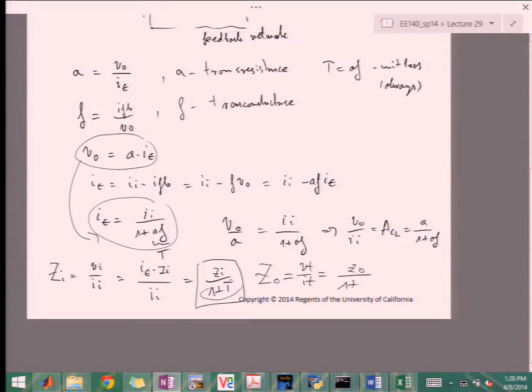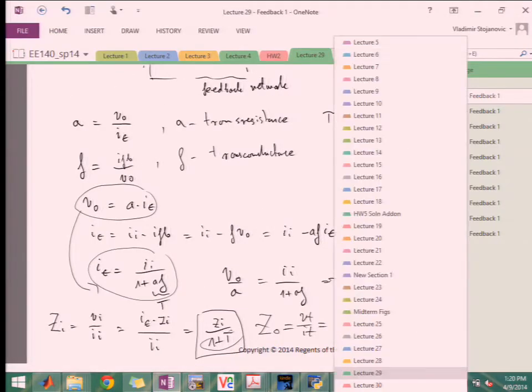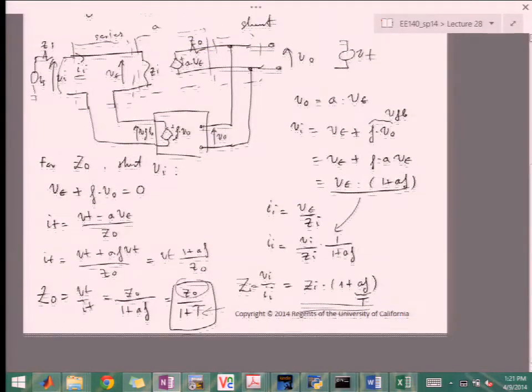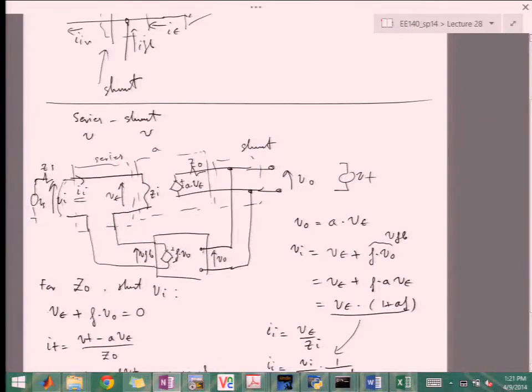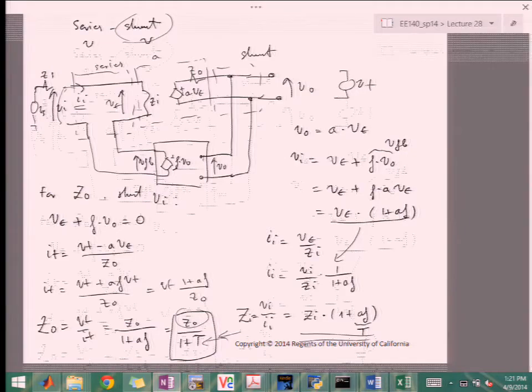For those who forgot, in the previous lecture we did a shunt at the output. So it's the same situation, and from that we got that the shunt also reduces the output impedance.